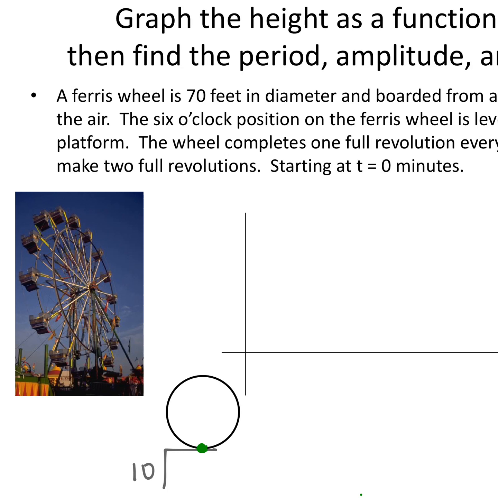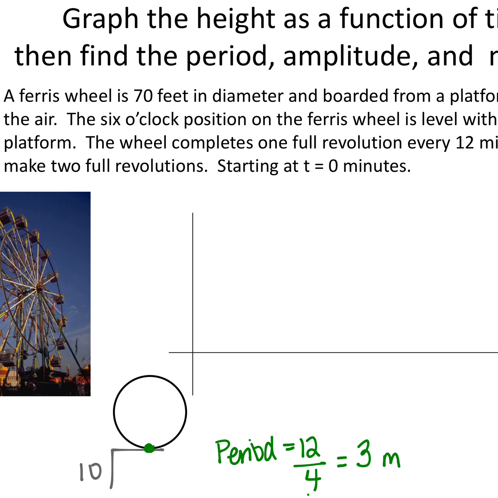The wheel completes one full revolution every 12 minutes, so that's our period. Let's find our intervals. Our interval is going to be every 3 minutes.